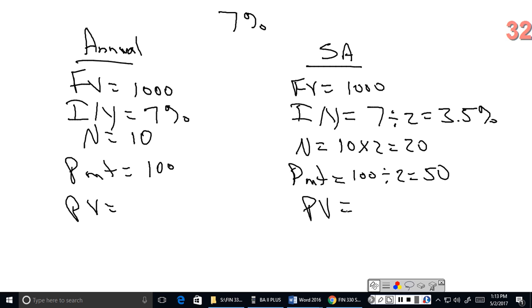And we compute the present value. I think I've got some numbers written down here. I believe the present value of this is going to be 1,213.19, and the present value... no. Hang on. This is what happens when I work through this too fast before class.